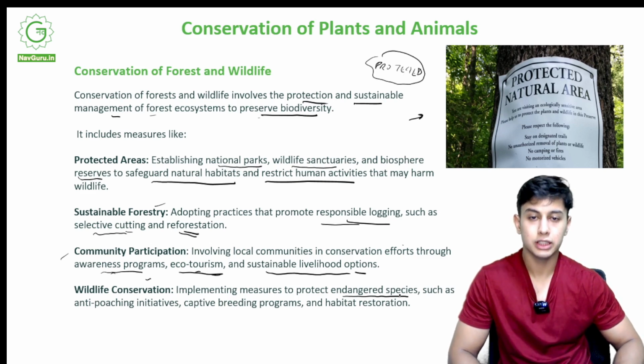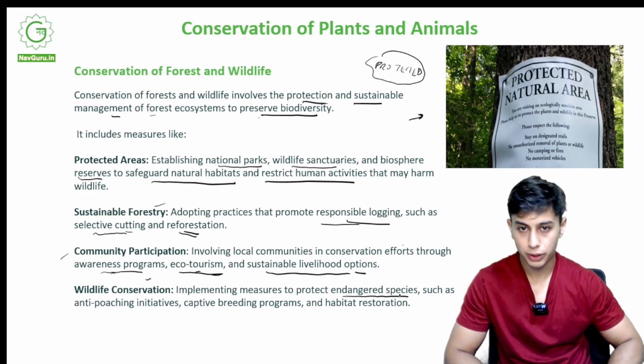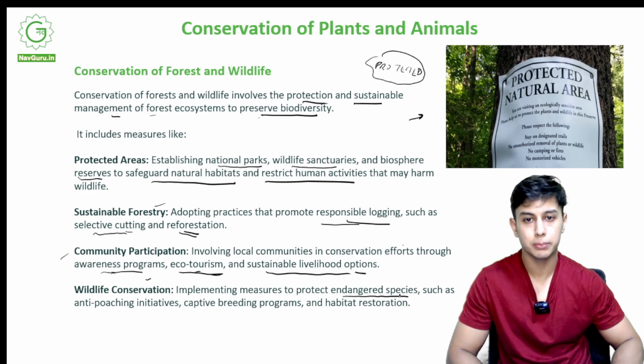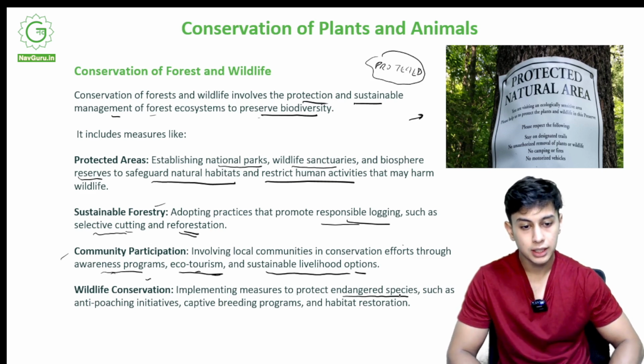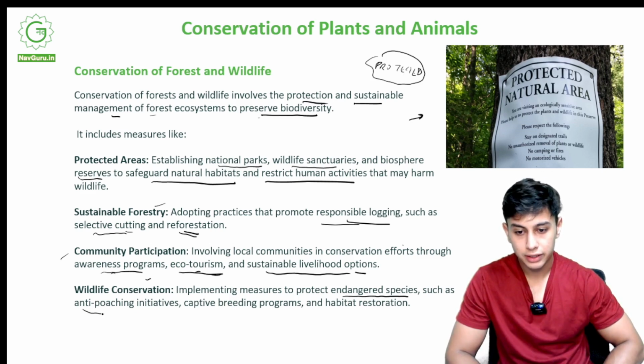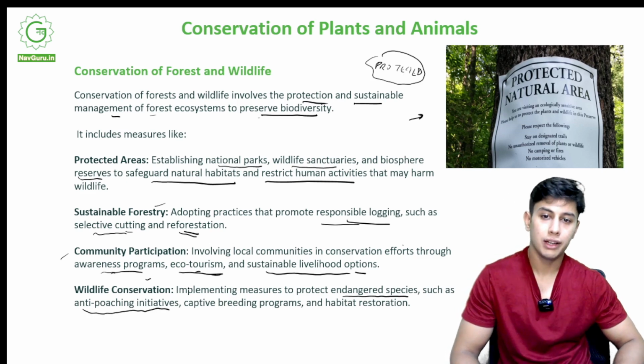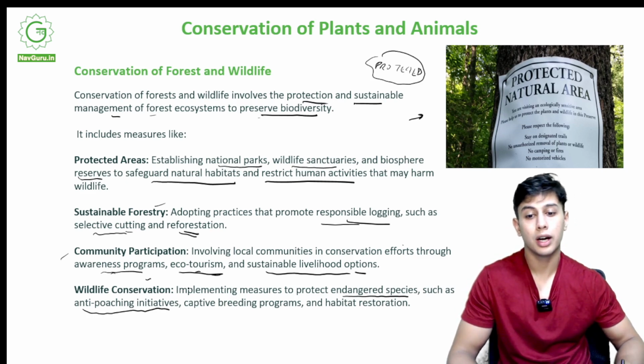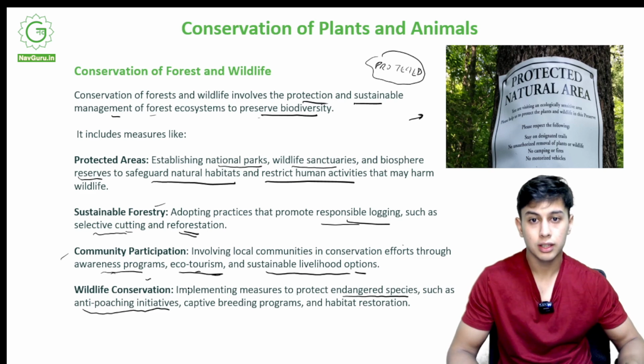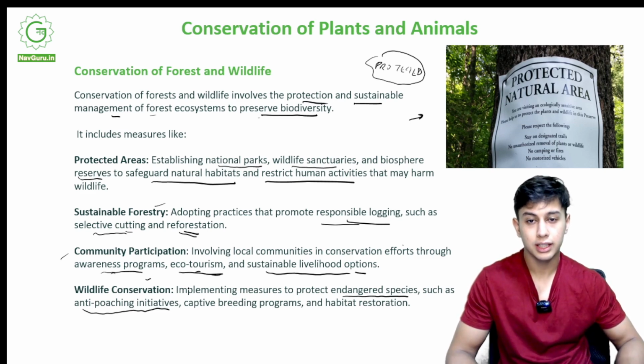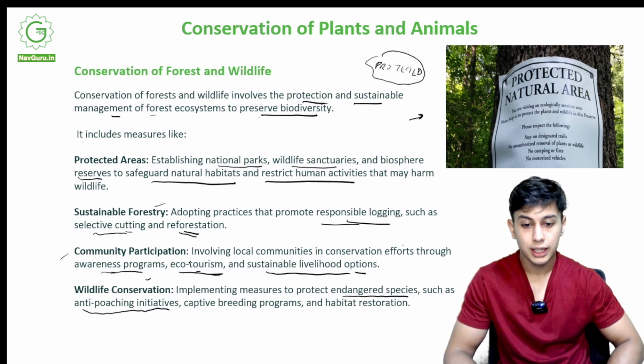Okay, endangered means they are not that much in number, but if I use some protective measures, they can increase in number and not become endangered, such as anti-poaching activities. For example, elephants. Okay, elephants were hunted for their tusks, all right, those teeth, the ivory, those white teeth, they were being hunted for that.